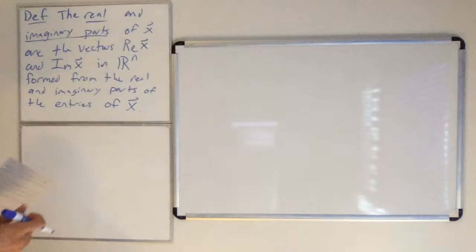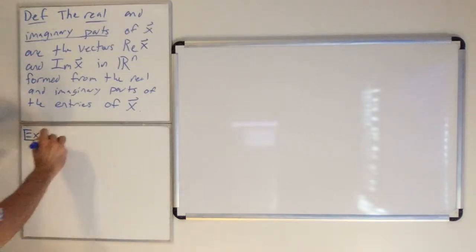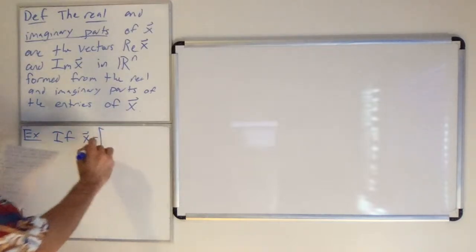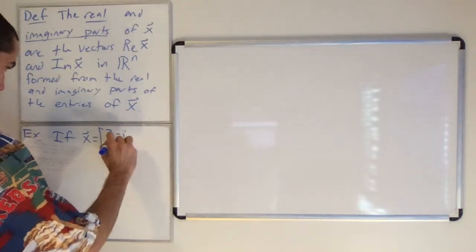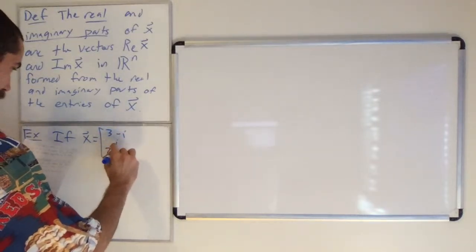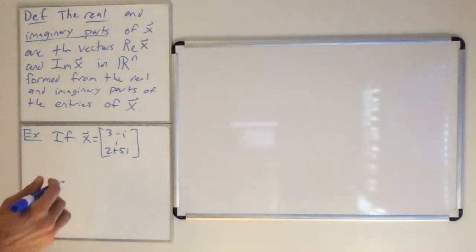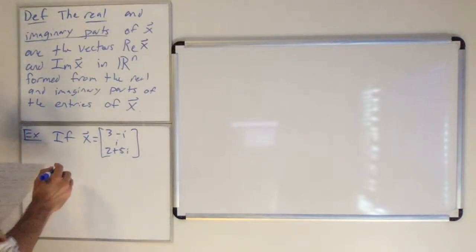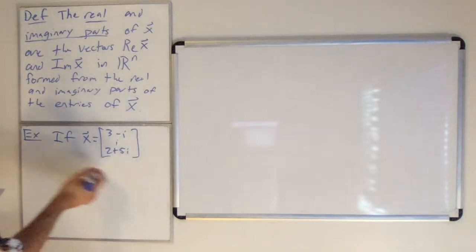So for example, if X is the vector (3 minus i, 2 plus 5i), find the real and imaginary parts of X. Okay, there's going to be 3 parts to this question.